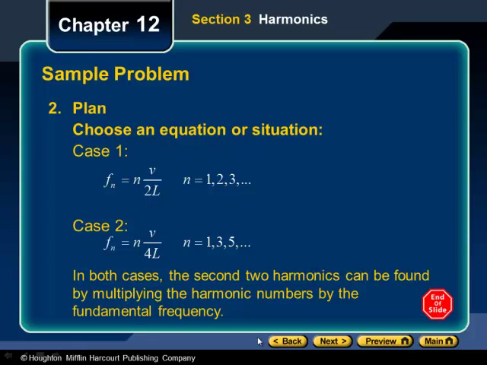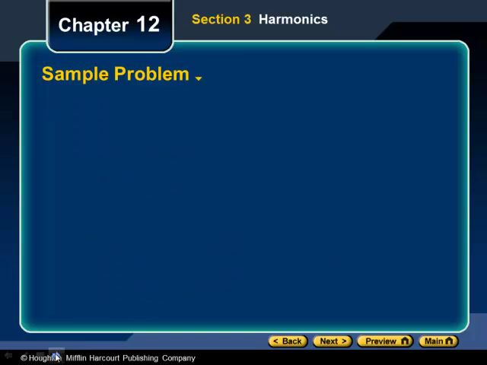And you can see here that once you have found that fundamental frequency, you can get the second and third numbers by simply multiplying. There's no point in doing this arithmetic anymore, so you can just multiply by the harmonic number 1, 2, and 3 in case 1, 1, 3, and 5 in case 2 to get those harmonics.